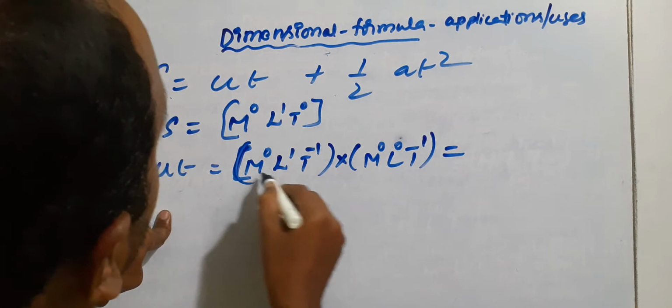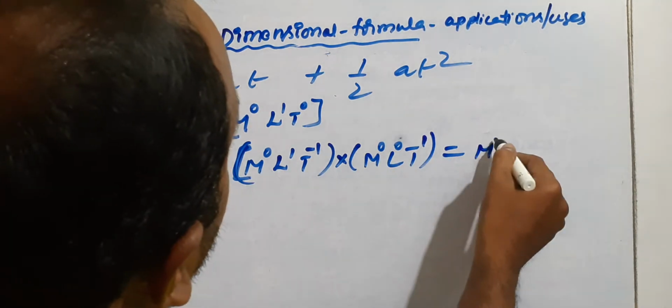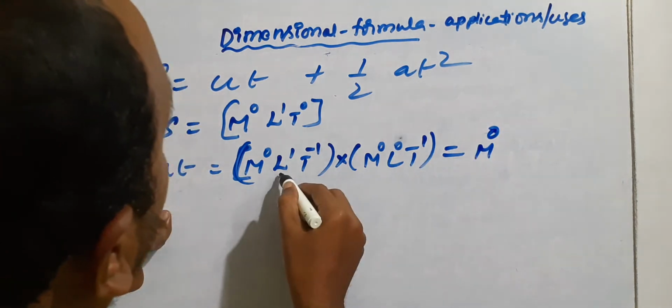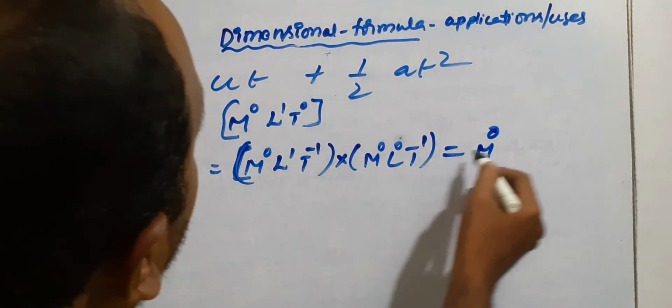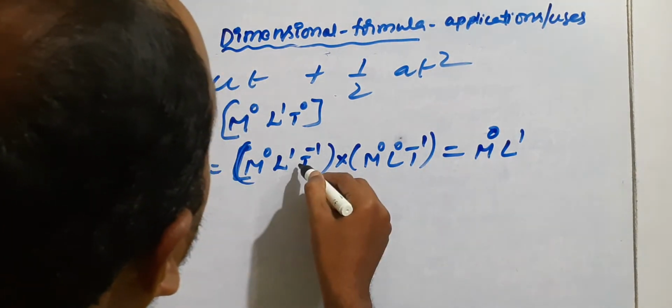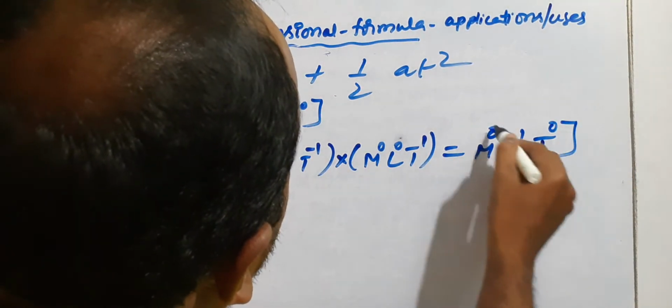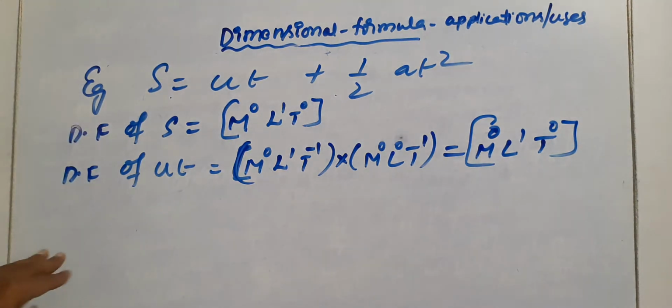So now M power 0 into M power 0 is M power 0, L power 1 into L power 0 is L power 1, and T power minus 1 into T power plus 1 is T power 0. So this is the dimensional formula of u into t.